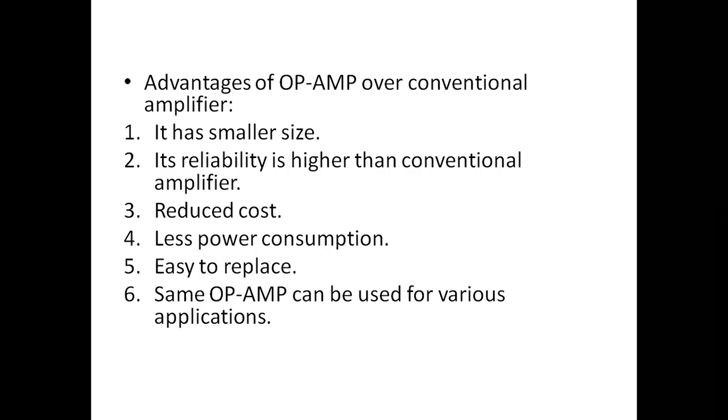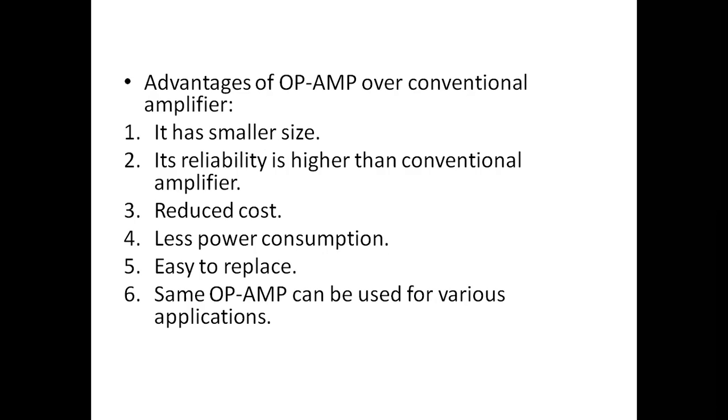What is meant by conventional amplifier? If we make the amplifier by using the transistor, coupling capacitor, bypass capacitor, biasing resistor, but instead of these things, we only use the IC. At that time, if that IC is used for differentiation, integration, addition, subtraction, we say that amplifier is an op-amp.